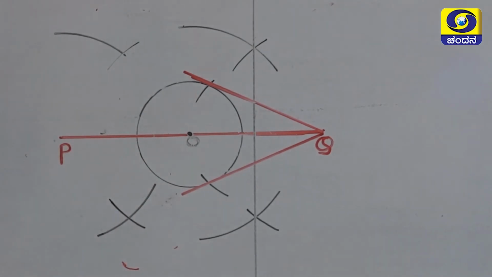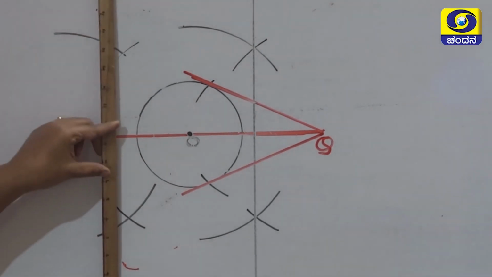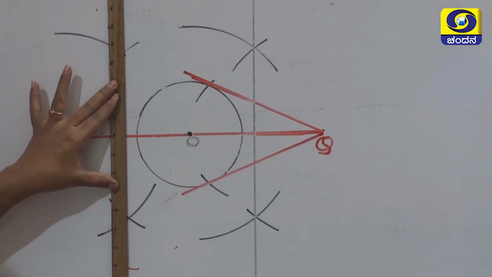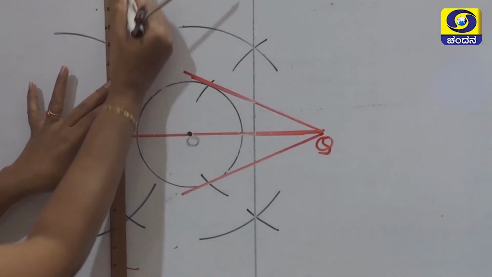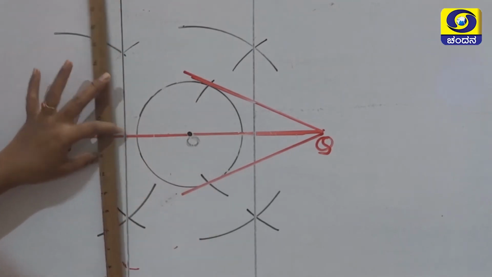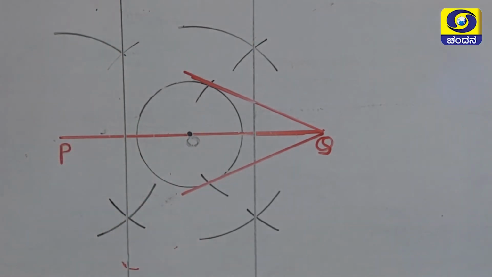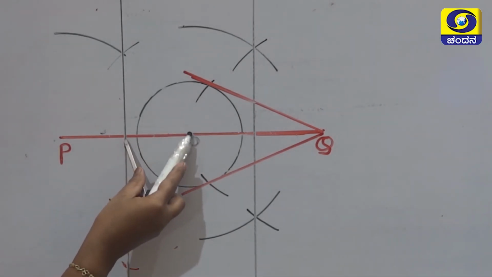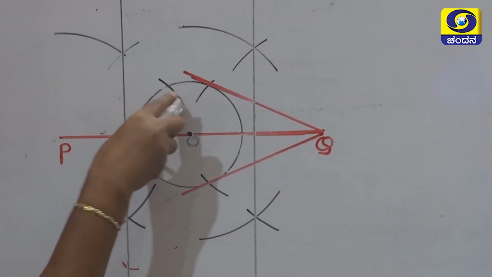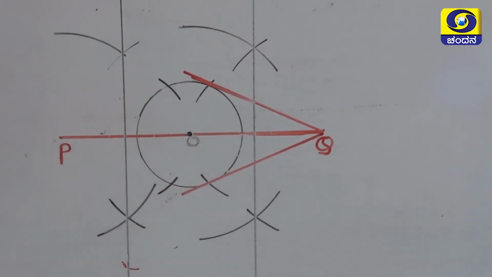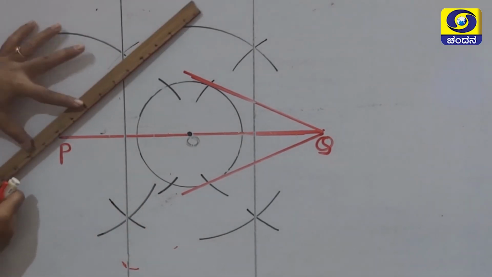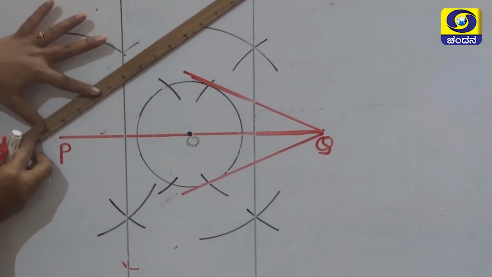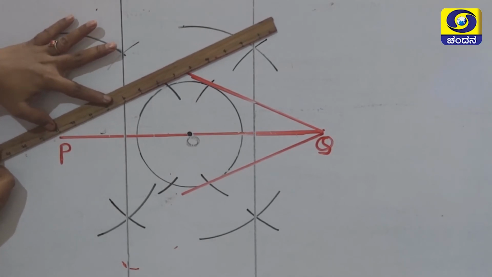Now, draw the line passing through these 2 points of intersection of arcs. This will give us the midpoint. Now keeping the needle at the midpoint, taking the distance between the midpoint and the center, make arcs on the circle. Now by joining the point to these 2 arcs, we will get our tangents.